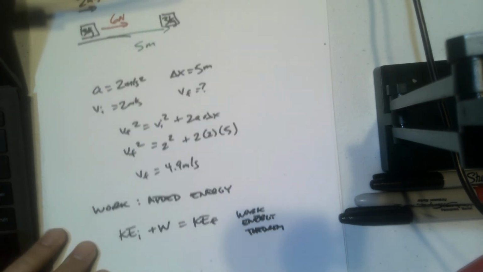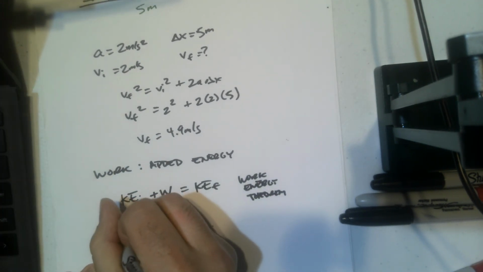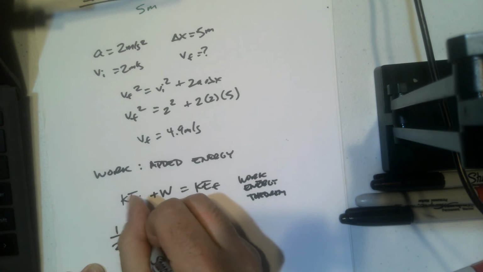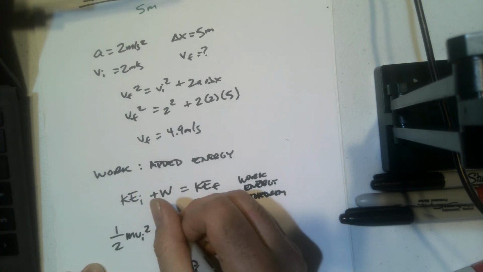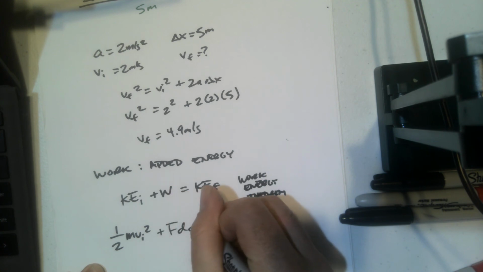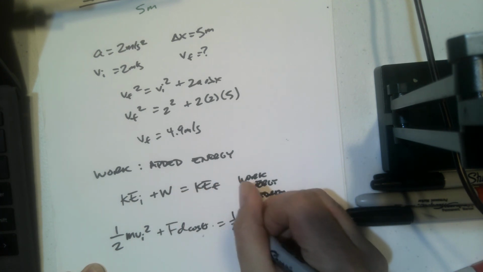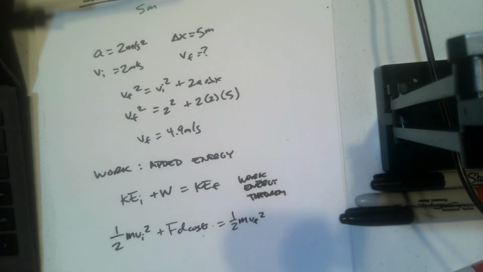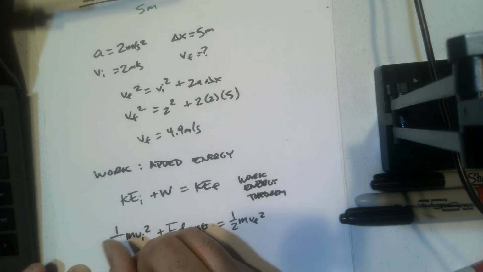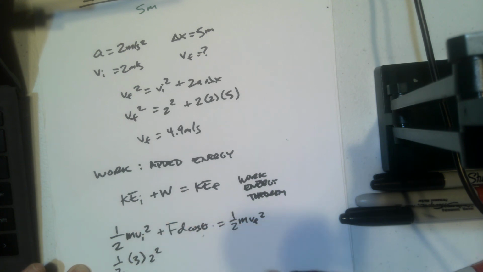And it's very easy to do, because if you look here, I know what my starting kinetic energy is. It's 1/2 m vi squared. My work has to have been the force times the distance times cosine theta in this case. And then my final kinetic energy would be 1/2 m vf squared. So looking at all these things, basically I could go 1/2, the mass is 3, the initial velocity is 2, we square it.